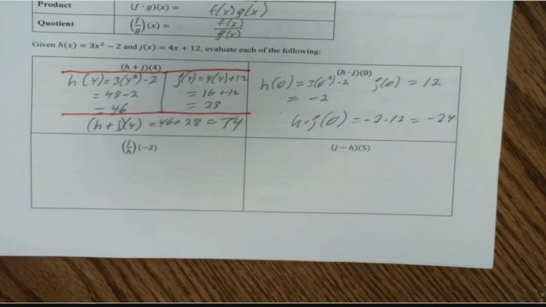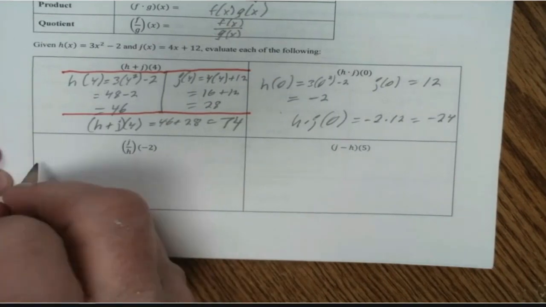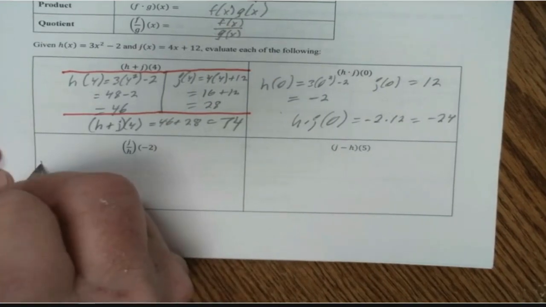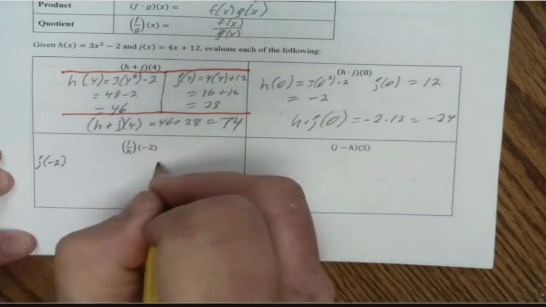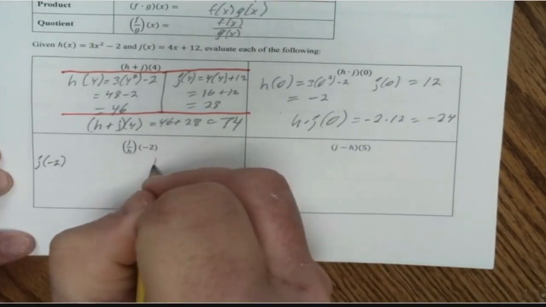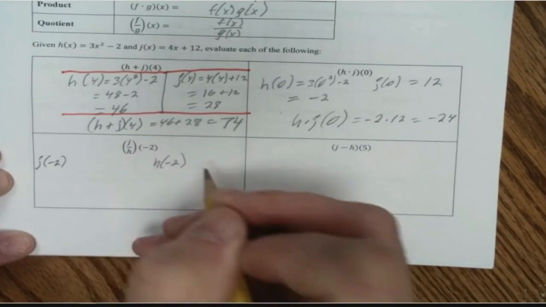Then we're going to look at this in a different format here in just a minute. I'll start this for you. Going to find j of negative 2. And you got to find h of negative 2.